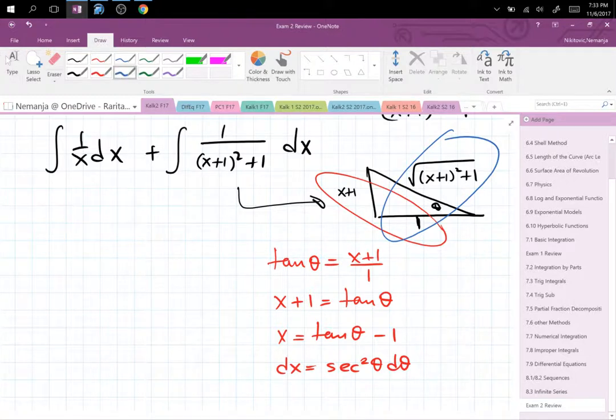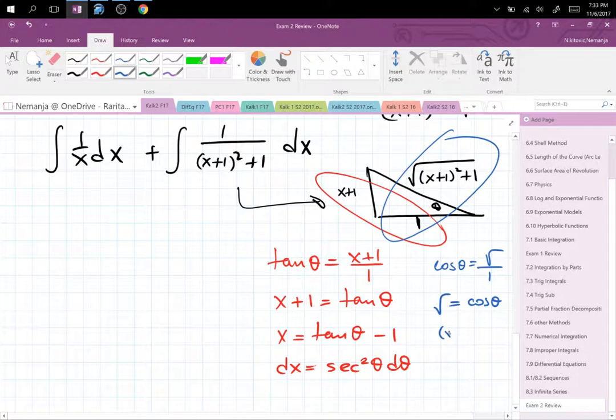The blue equation is going to be cosine theta, which is 1 divided by the square root. And to plug this in, we don't need the square root. Because the square root is equal to secant theta, then x plus 1 squared plus 1 is secant squared theta.